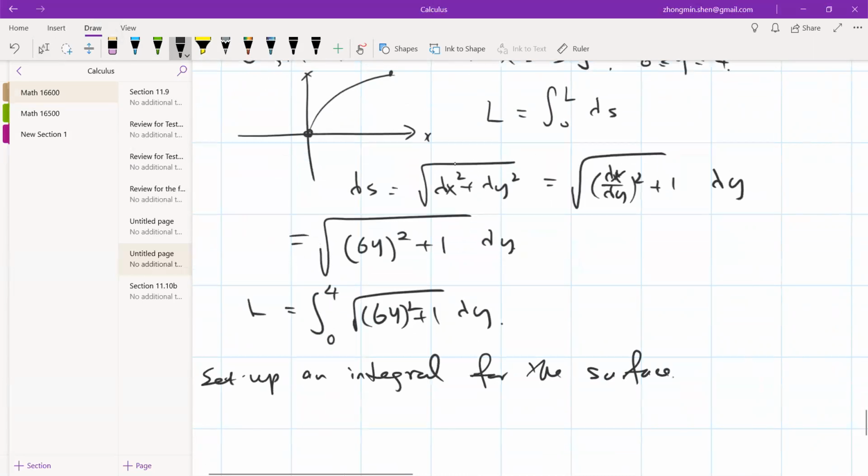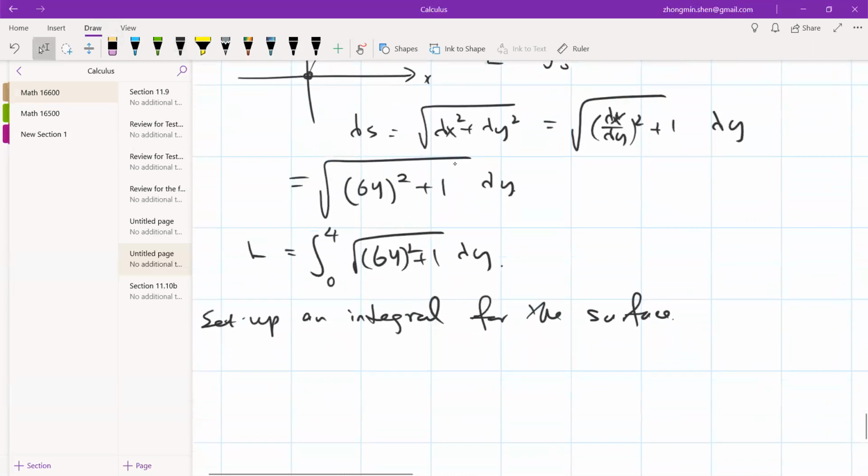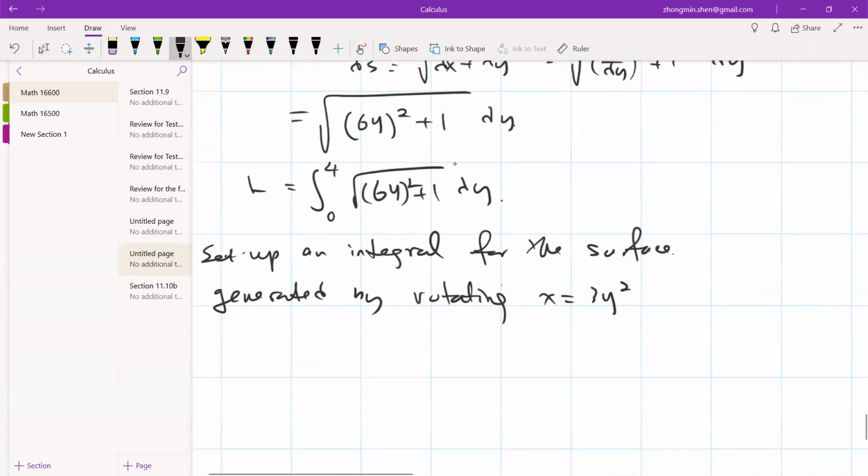The surface is generated by rotating x equals 3y squared about the y-axis and about the x-axis separately.